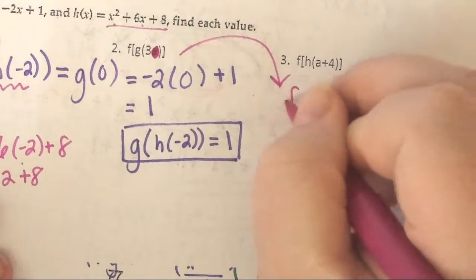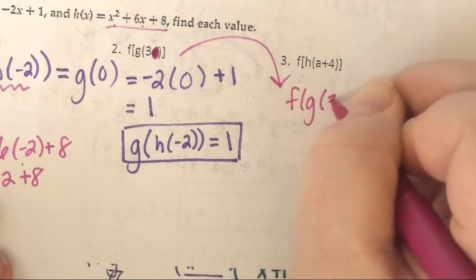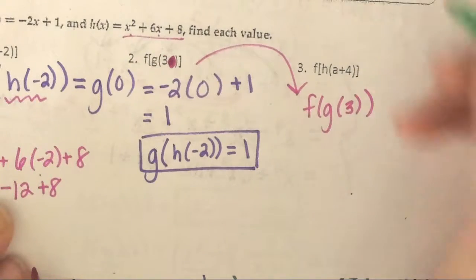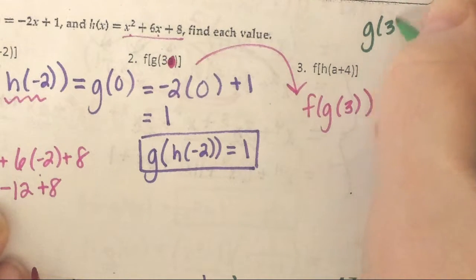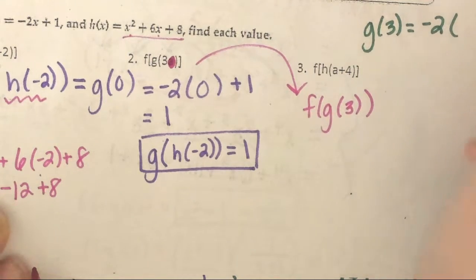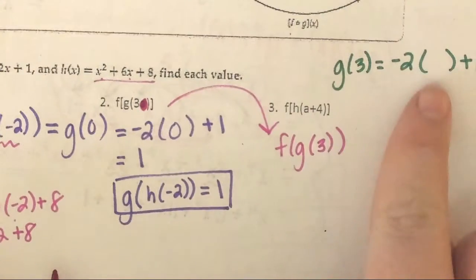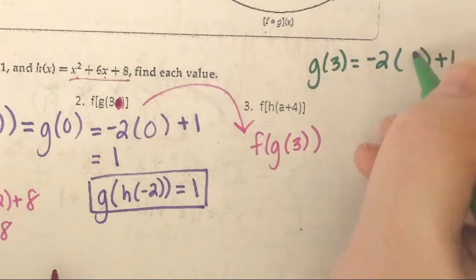So we want to do f of g at 3. So over here to the side, I'm going to figure out g at 3. g was -2x plus 1. But everywhere I see an x, I'm going to put a 3.